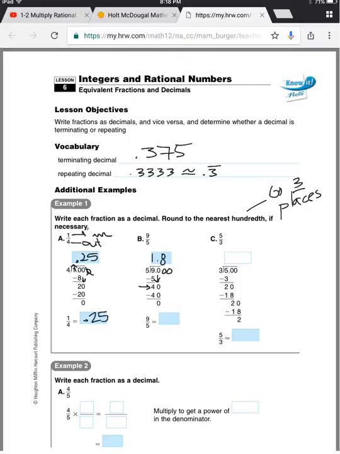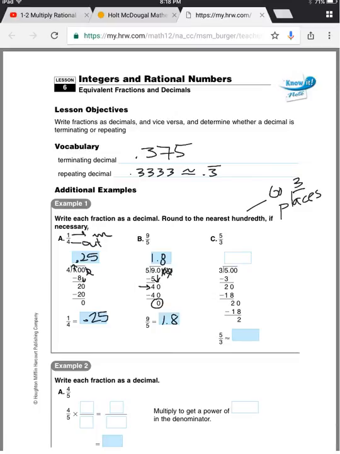That 8 goes after the decimal. 8 times 5 is 40. We subtract and we get 0, which means we can stop. We don't need to worry about these extra zeros. And we get 1.8 because our remainder is 0. It's terminating.